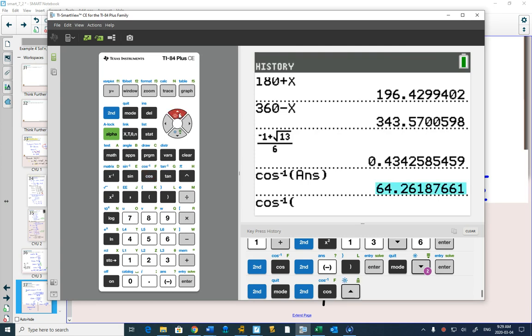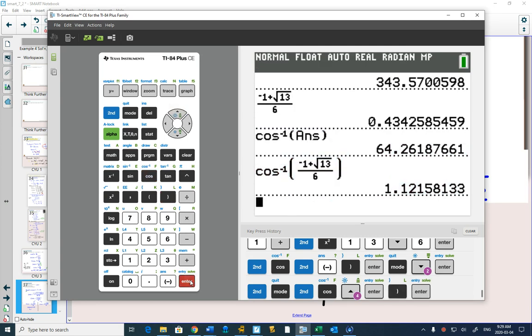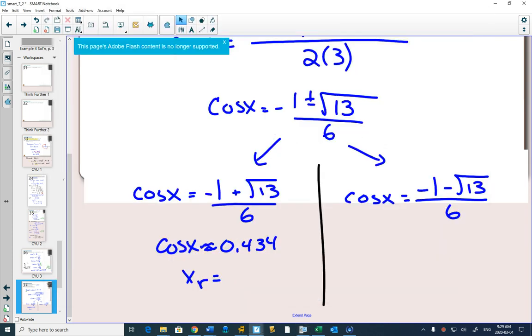Cos inverse of this value, 1.12, is my reference angle. And so x would be, and the question said use algebra, it didn't say to how many decimal places. So x would be 1.12 in quadrant 1.